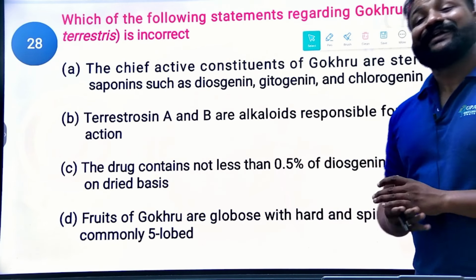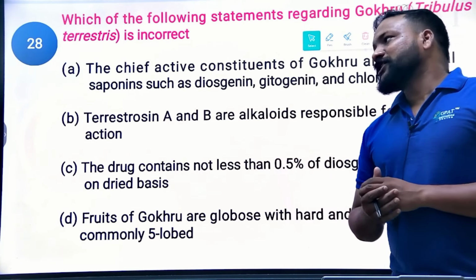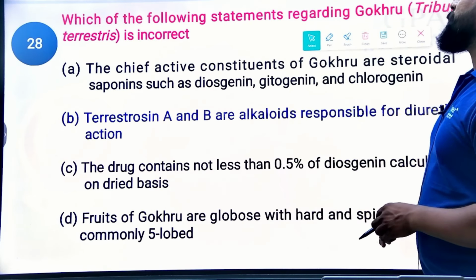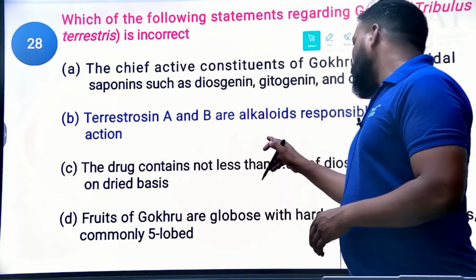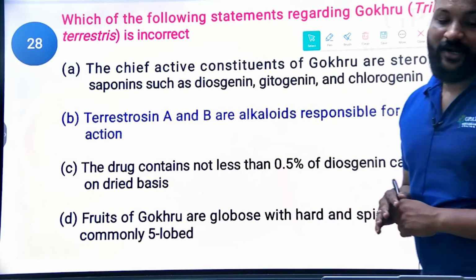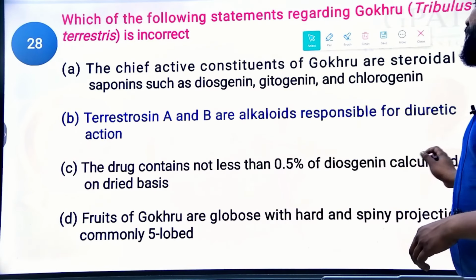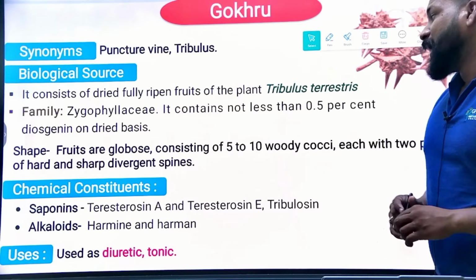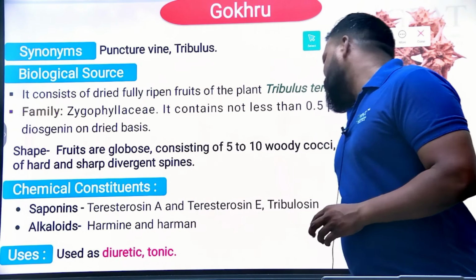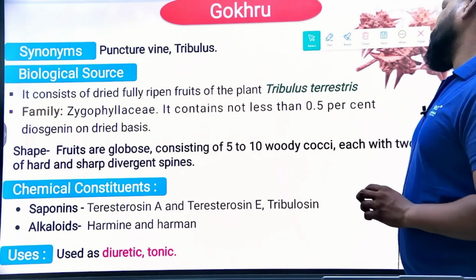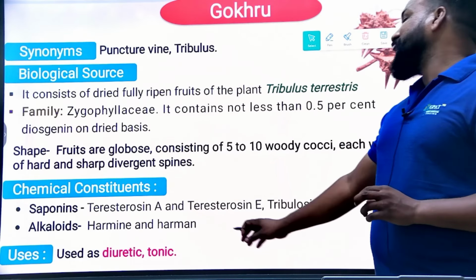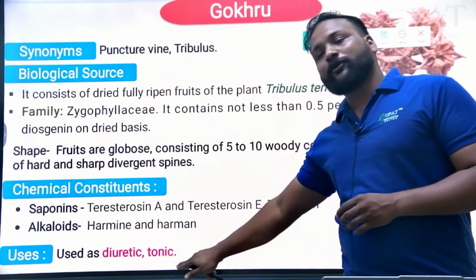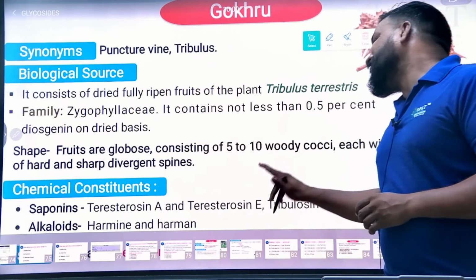And yes, it has a diuretic action. So the right option is that tribulosin A and B are alkaloids responsible for the diuretic action. This statement is incorrect, because tribulosin A and tribulosin B are saponins. Hence it has diuretic property, but tribulosin A and B are saponins here.